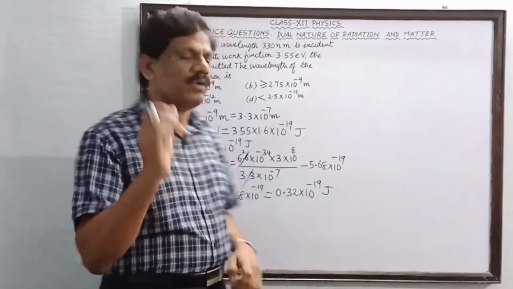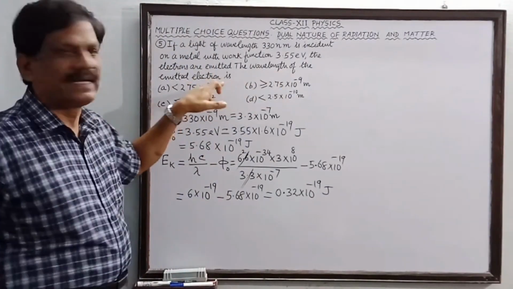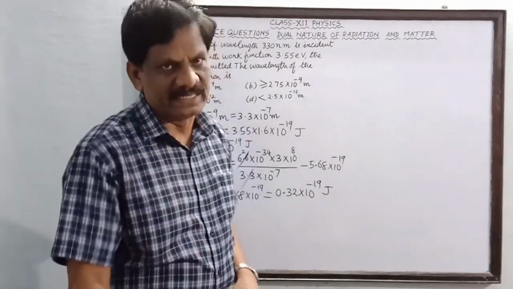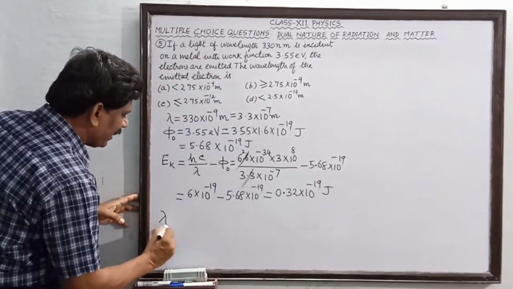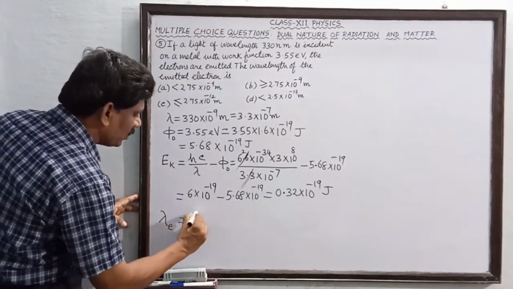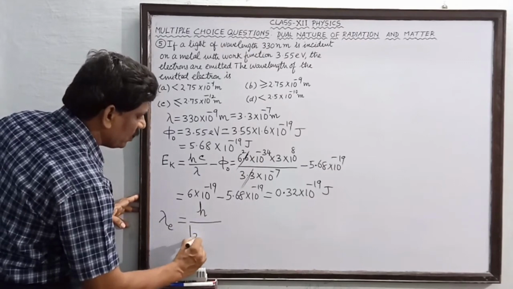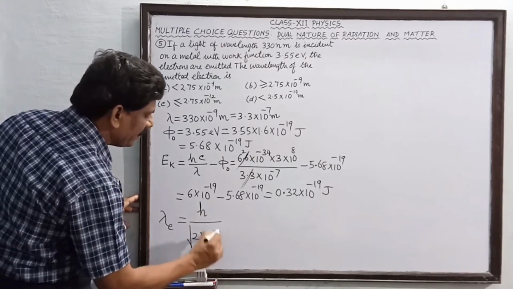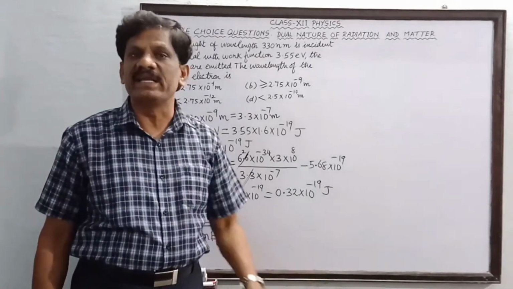Okay. Now, what is asked here? The wavelength of the emitted electron means which wavelength? It is a de Broglie wavelength. So now the de Broglie wavelength of the electron, lambda electron, is equal to h divided by square root of 2m into E kinetic. This equation we have derived in the theory class.